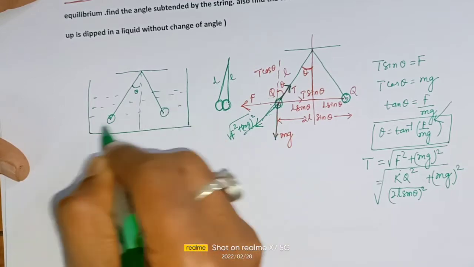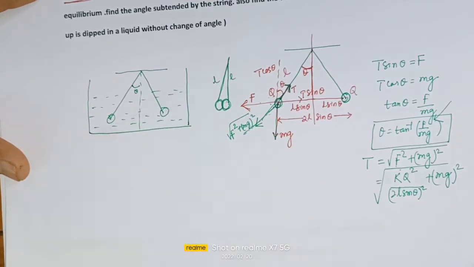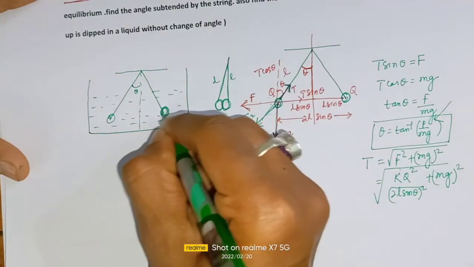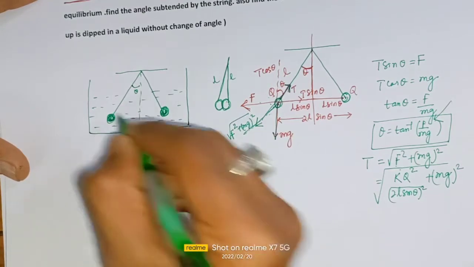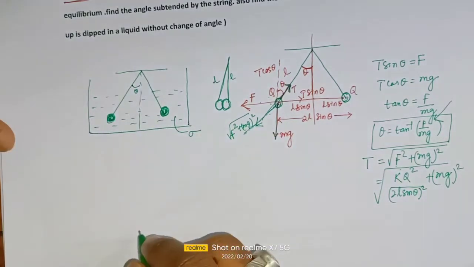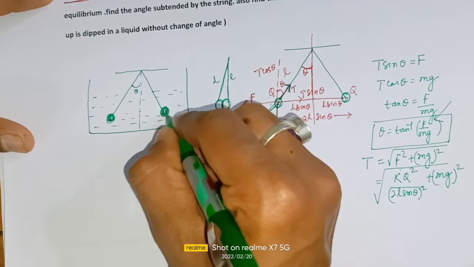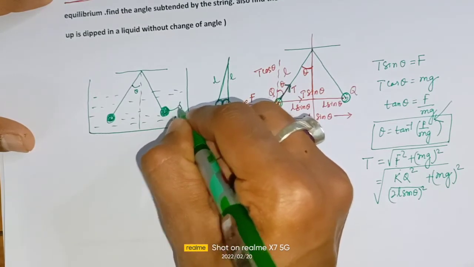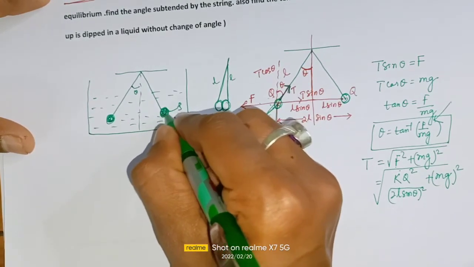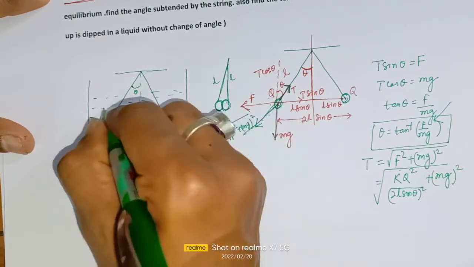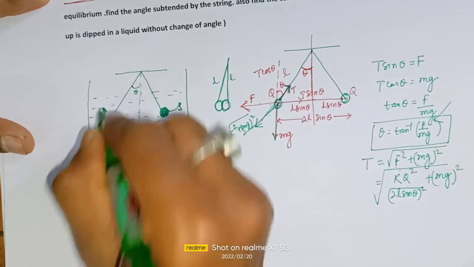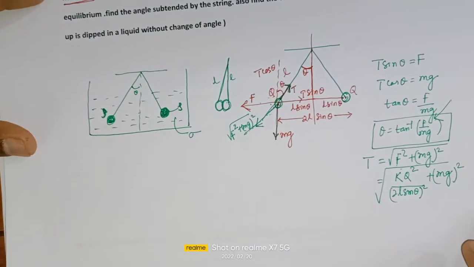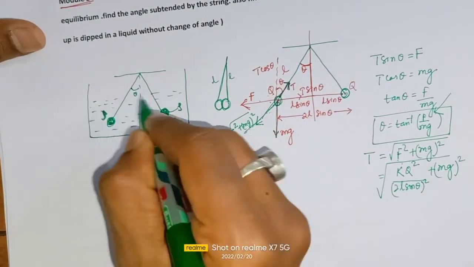Exactly, I will dip it in a liquid medium. The density of the liquid is sigma, and the density of the bob, or you can say the charged ball, is rho. I have given the same charge. If I dip it in the liquid, what will happen?